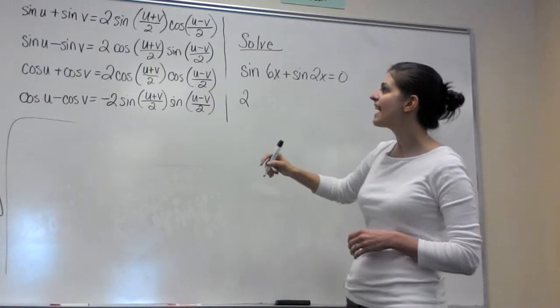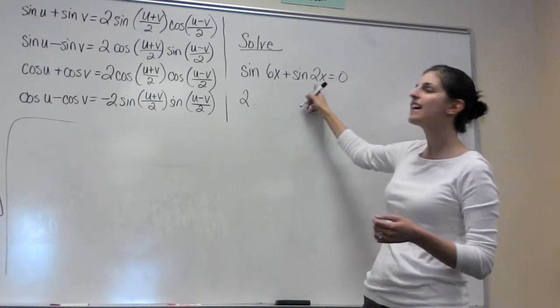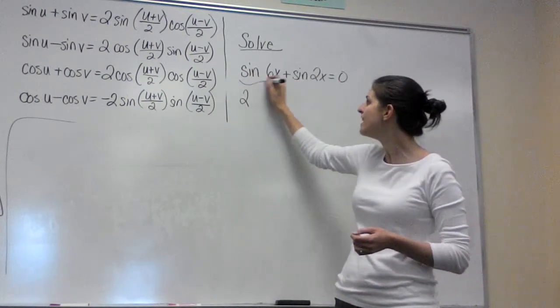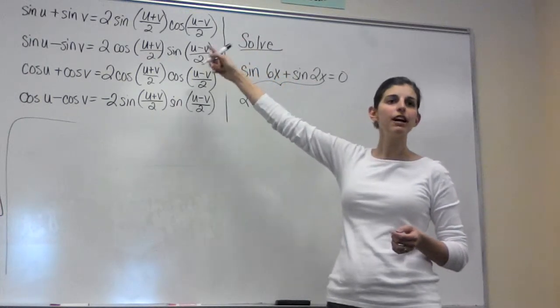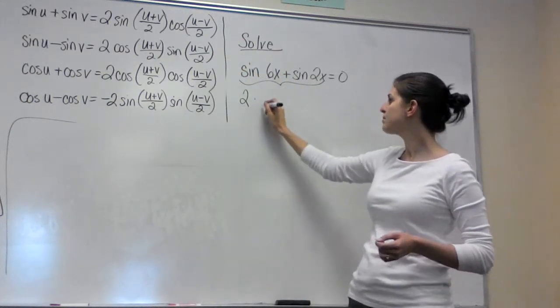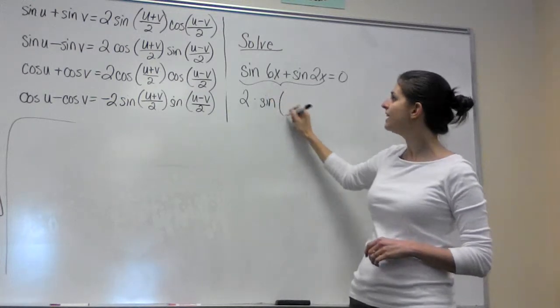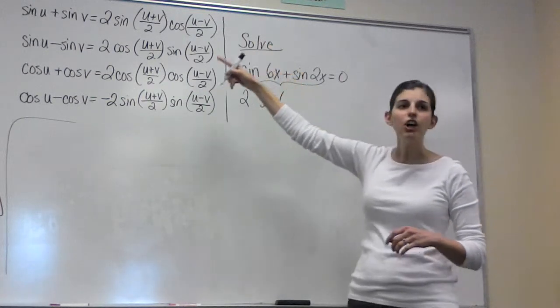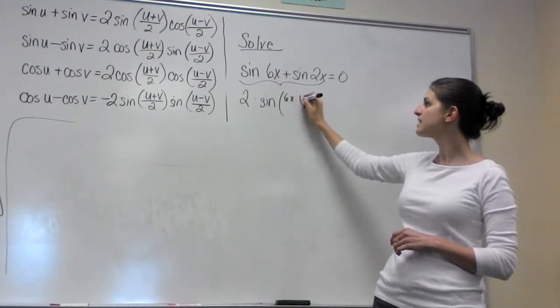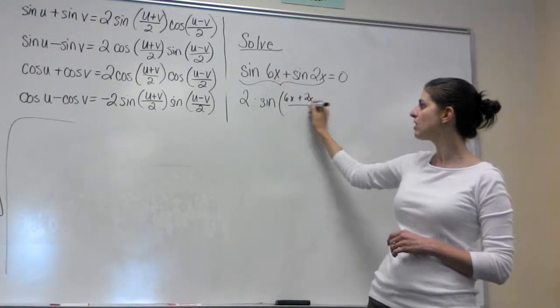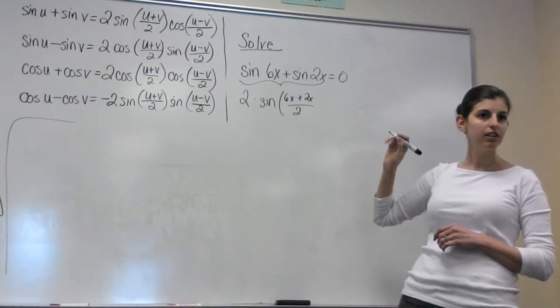So sine of 6x plus sine of 2x. This whole thing is going to fit into that formula right there. 2 times the sine of u plus v all over 2. So I'm going to take 6x plus 2x all over 2.